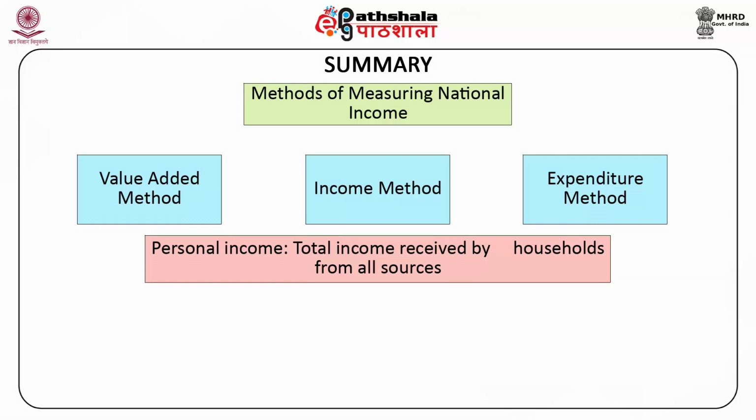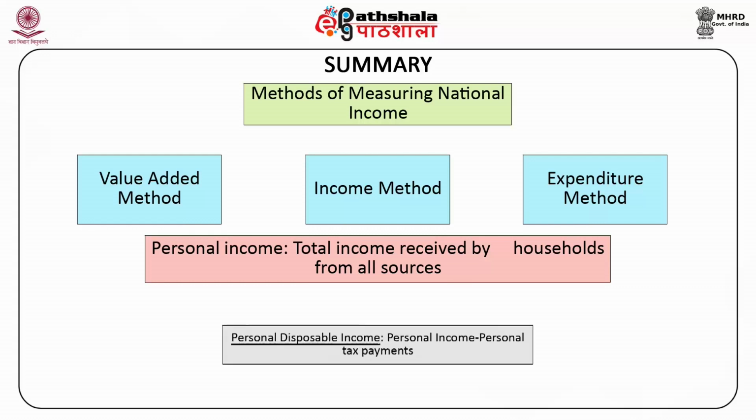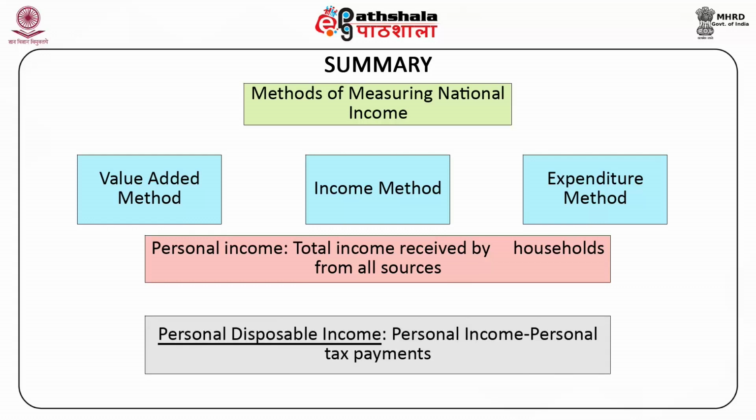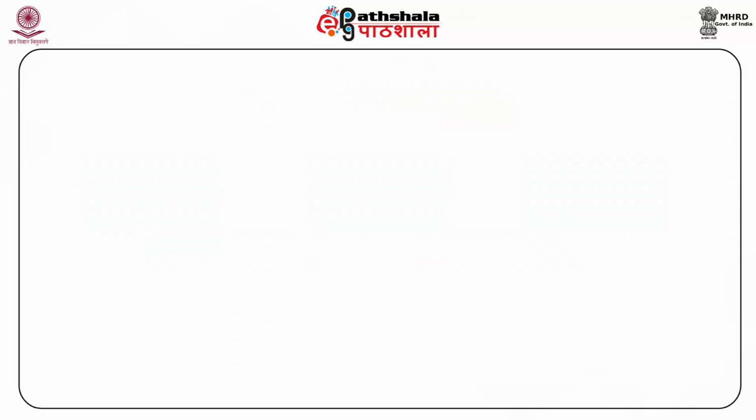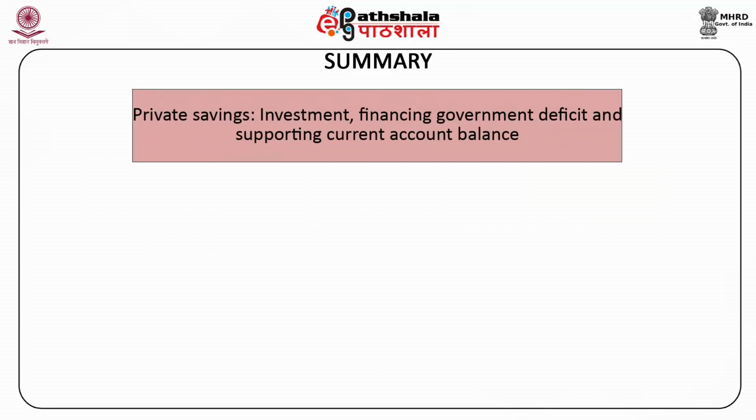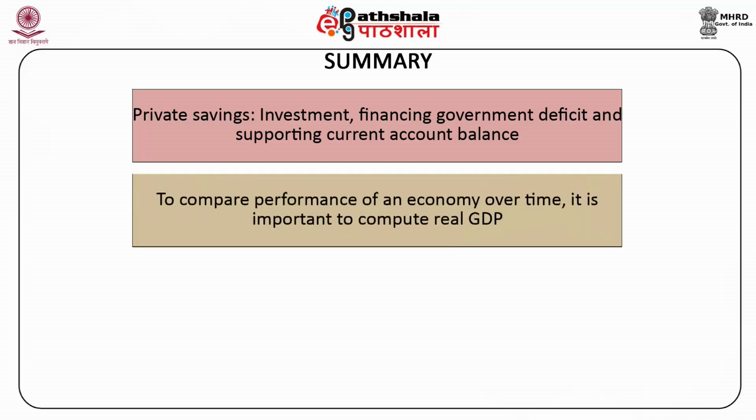If personal tax payments are deducted from personal income, we get personal disposable income, which is the income available to spend for private sector. We also studied about the three uses of private savings: investment, financing government deficit, and supporting current account balance. In order to compare performance of an economy over time, it is important to compute real GDP.